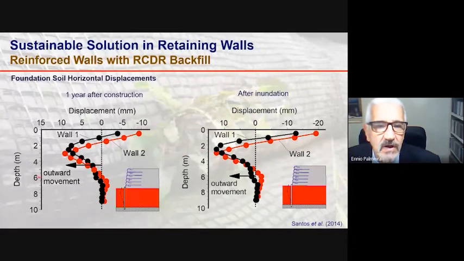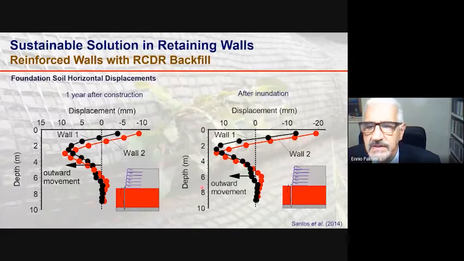Here are results of horizontal displacement of the foundation soil 1 year after construction and after inundation of the foundation soil. So you see similar results for wall 1 and wall 2.